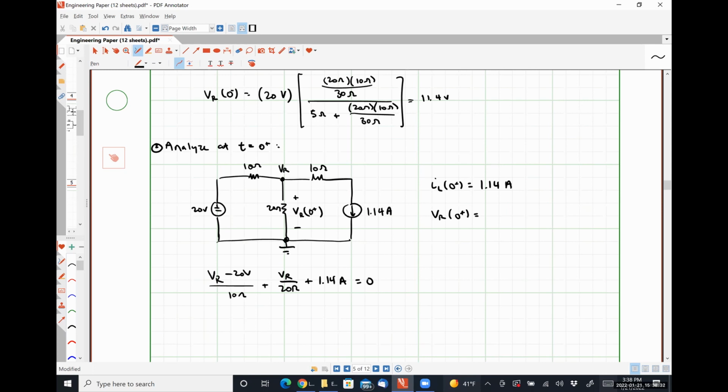Okay. Solve it. I literally don't know how to use the numerical solver on this calculator, so I can't. So, 5.7.